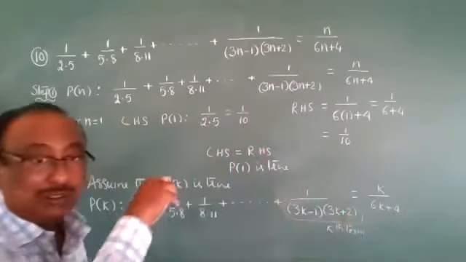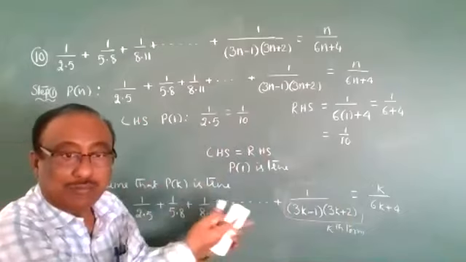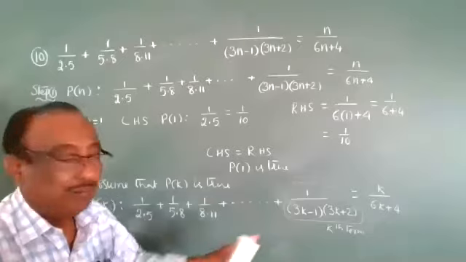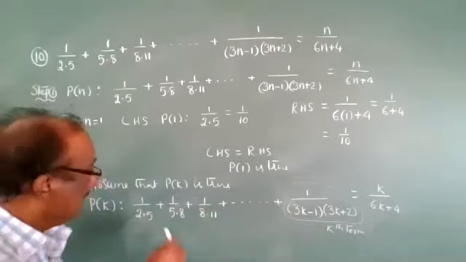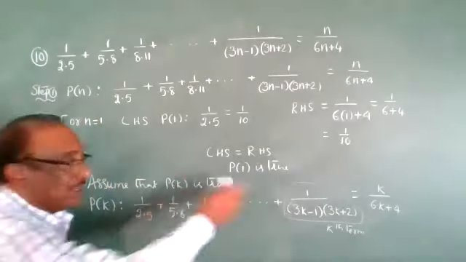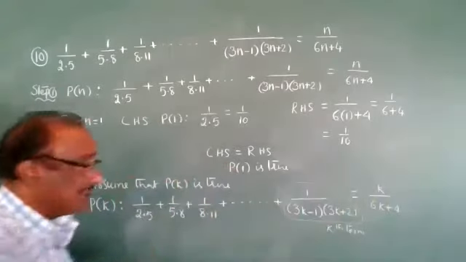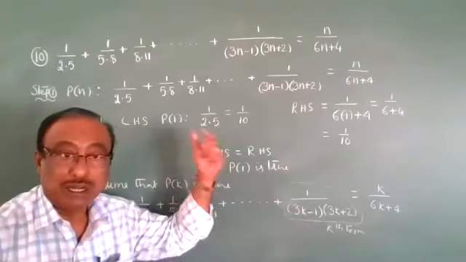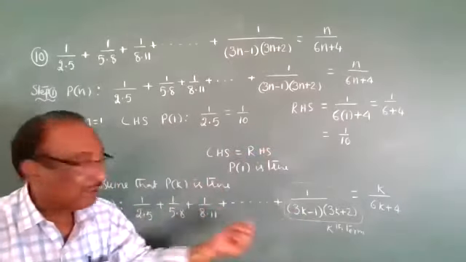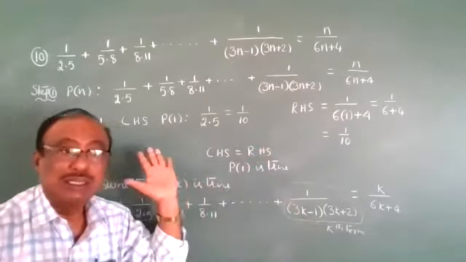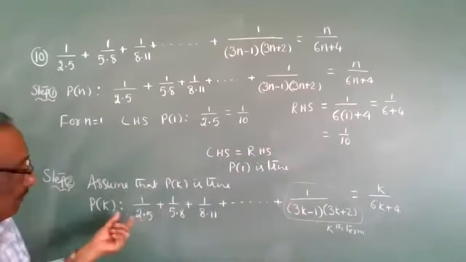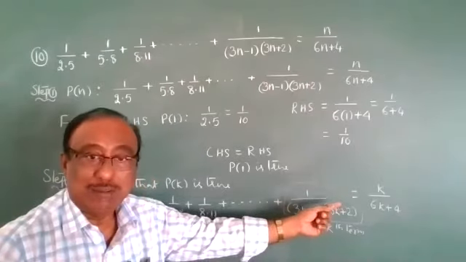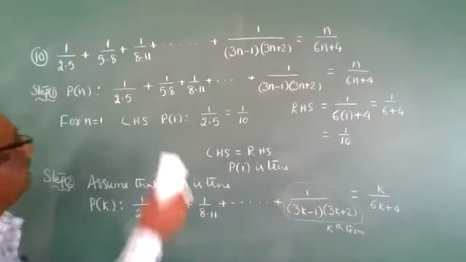So we write the k plus 1th term now. Before that, we can simply write down this one as the statement of k numbers, for easy representation. The k numbers answer is k by 6k plus 4.